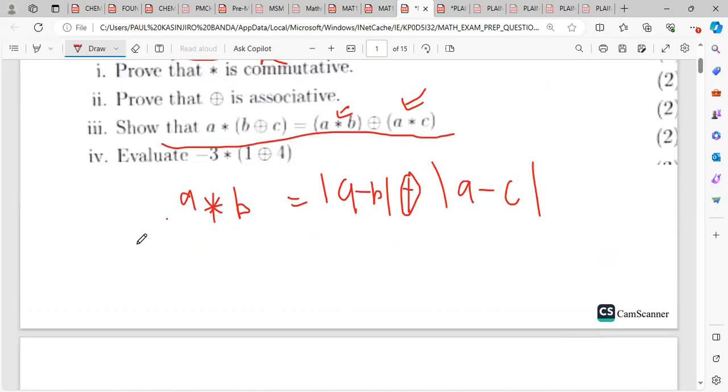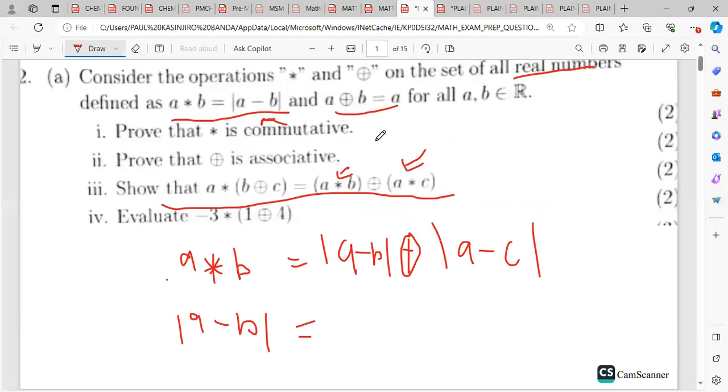Then this side, what will I have? A star B is governed that it is just A minus B in modulus, is equal to, then here I have these two expressions, one in modulus and one in modulus, being operated by this cross circle.